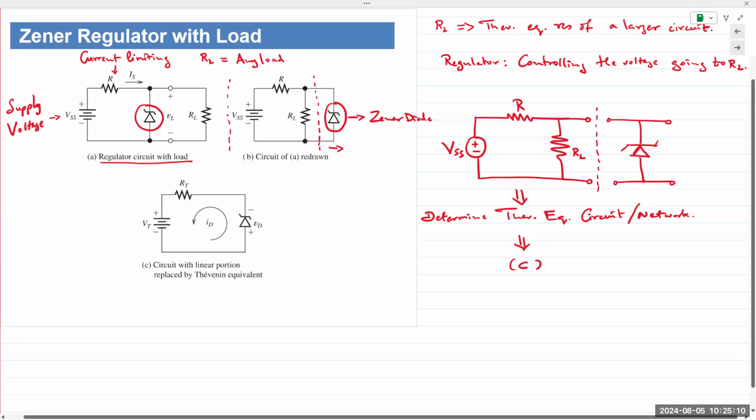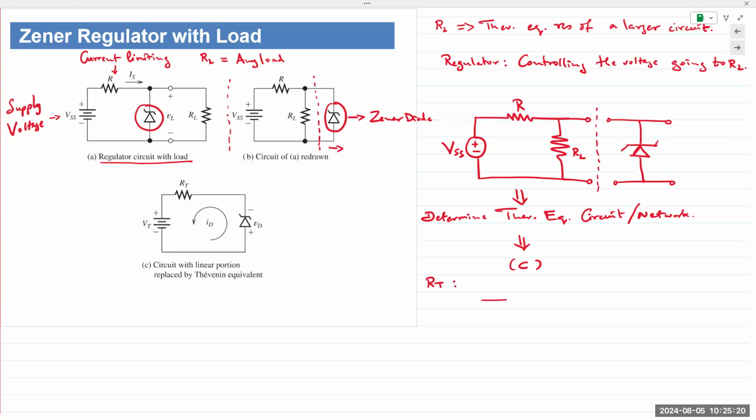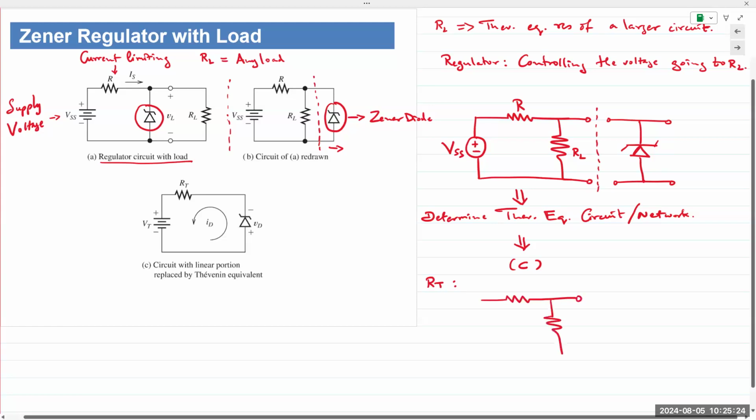As a quick refresh, if I'm analyzing this circuit in figure 3, to determine RT, the Thevenin resistance, I would replace the power supply with a short circuit because it's a voltage source, and I would find RT at these terminals.